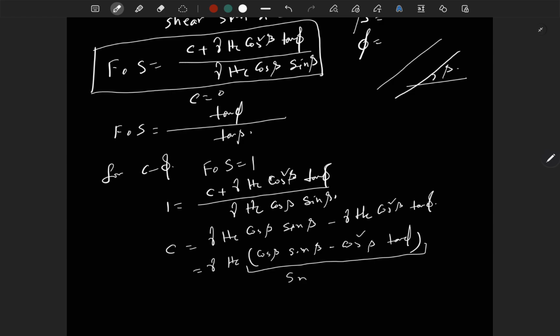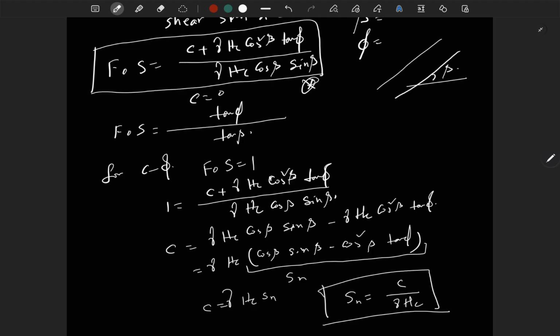So C is equal to gamma z Sn, then Sn equal to C by gamma z. That's it. The only one equation, if you remember, the entire topic will be in your hand.